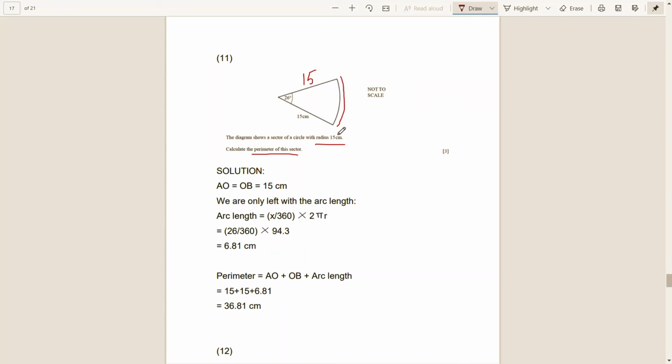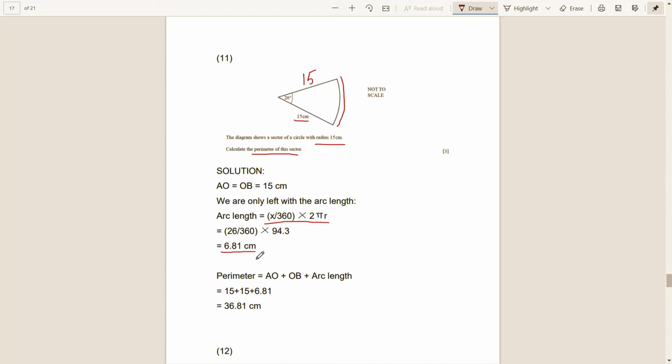How will we find the arc length? With the formula x over 360 2 pi r. X is 26 divided by 360 multiplied by 2 pi r. R is 15 and not 7.5. It's not 7.5 because I've already told if you draw a circle, then we will get to know that this is r, 15 centimeter, right? 26 over 360 multiplied by 2 multiplied by pi multiplied by 15.